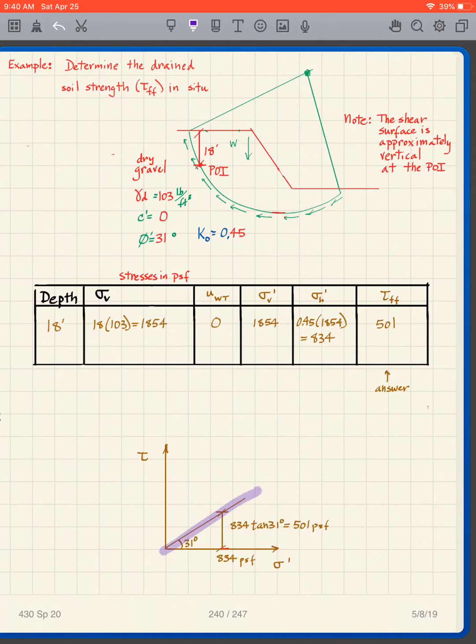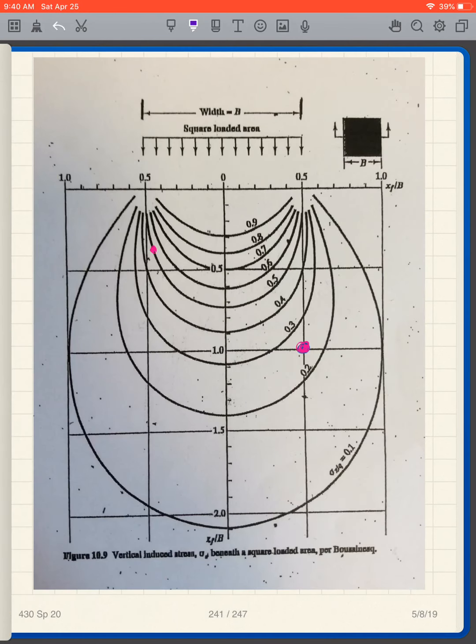C prime is 0 because it's gravel. I got 31 degrees. I put the 834 here. 834 tangent 31 is 501. So I get 501 at that particular point of interest. Now, of course, to do a full analysis, we do other points around here, and then we get various shear strengths.